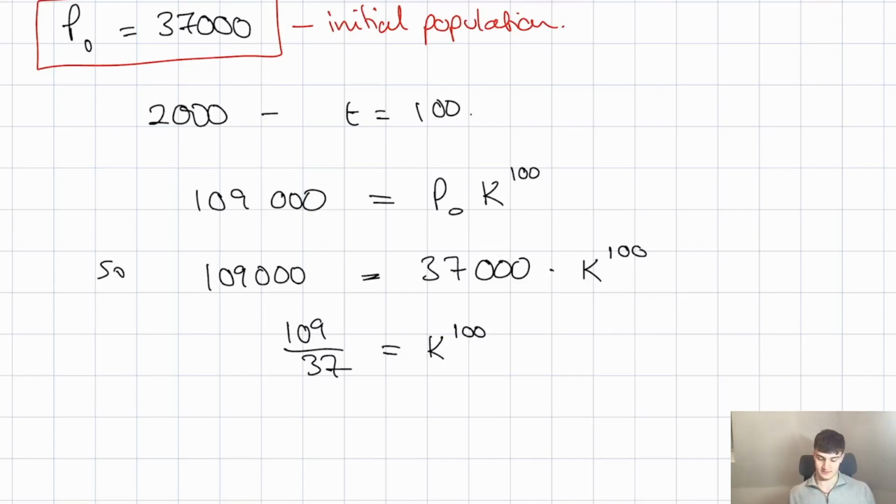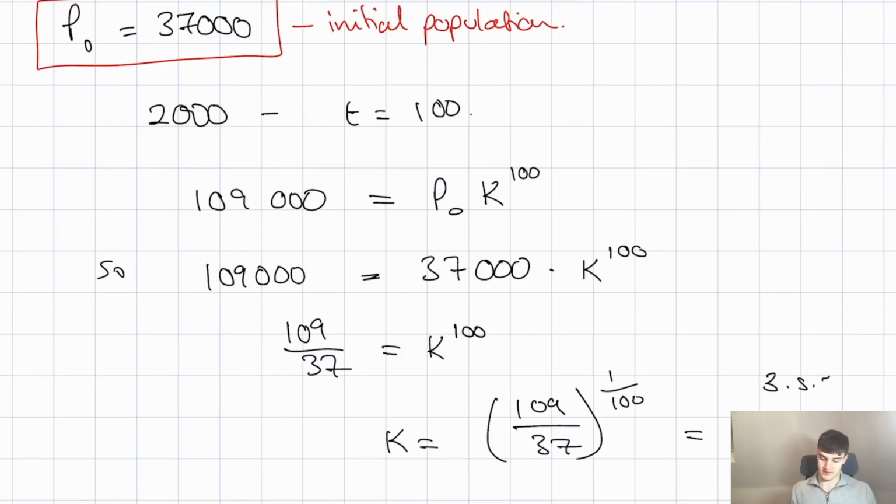You can do it on your calculator. k is equal to 109 over 37 to the 1 over 100, or the 100th root. So let me do that. 109 over 37 to the power of 1 over 100. That gives me k is 1.01 to 3 significant figures.